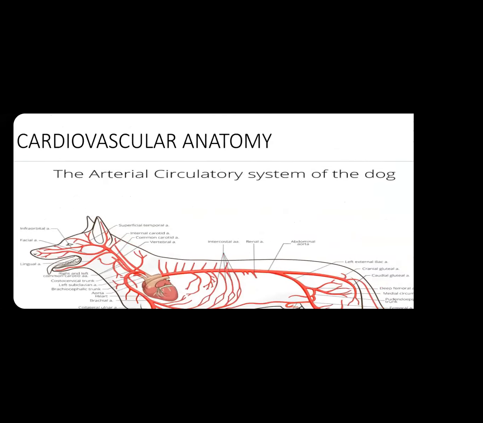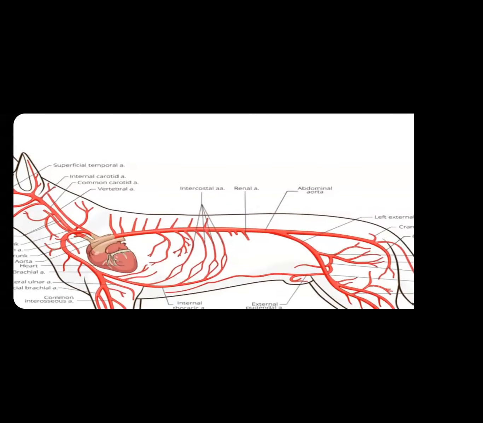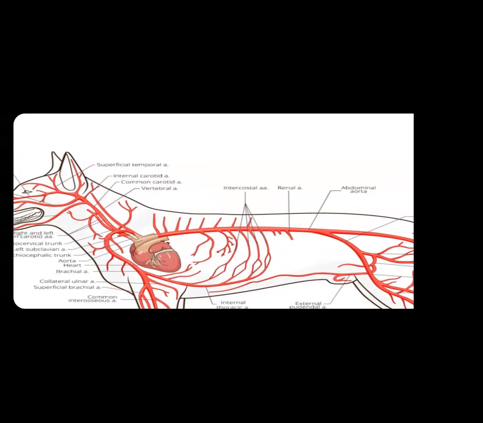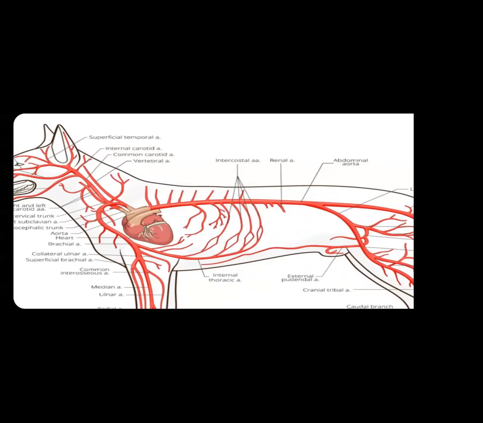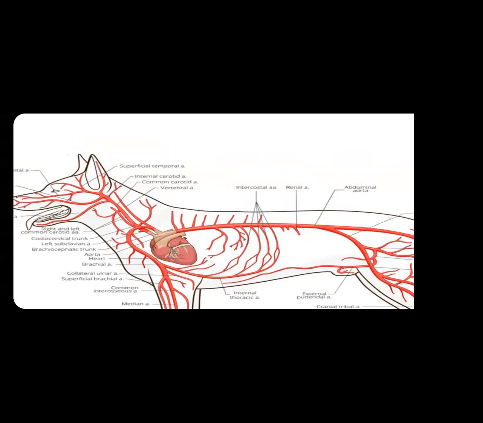And as usual, I'll start from the top. So there is your heart. Your heart pumps blood, of course, to the caudal part, which is the lower part, and also to the cranial part, which is your upper part of the body, and in this case of the dog.